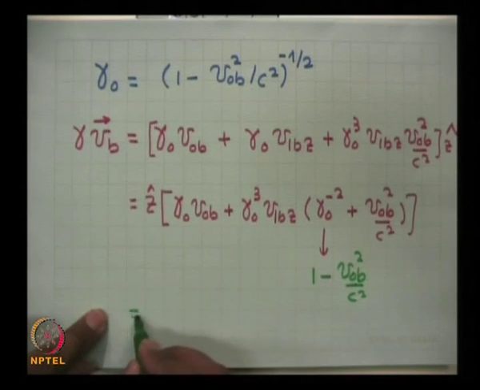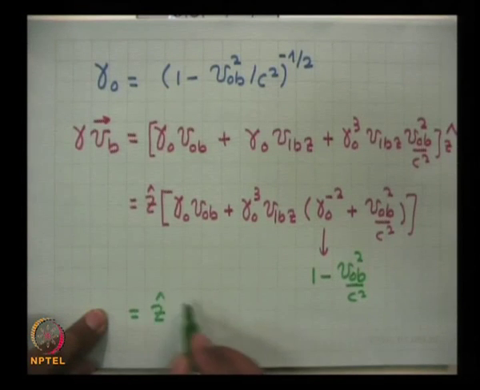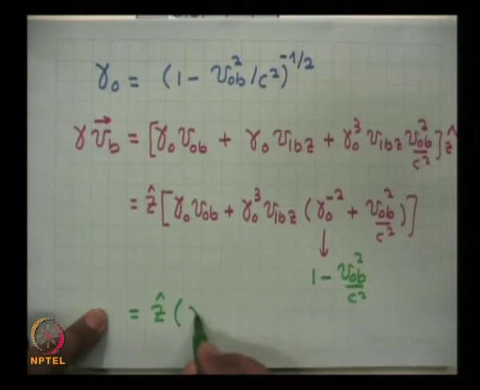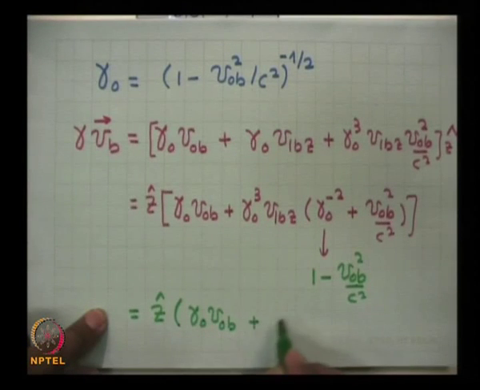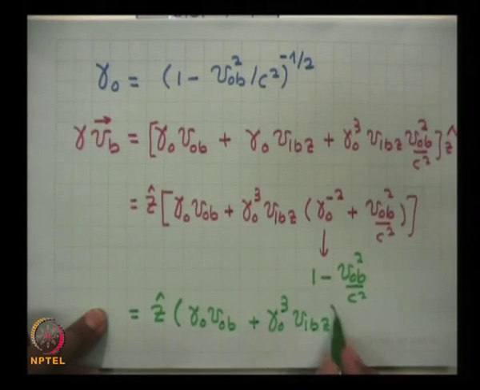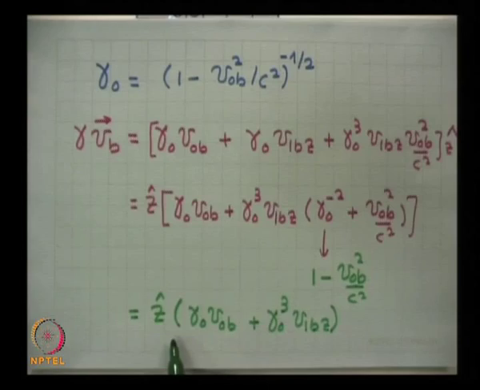So this becomes simply z gamma 0 V0b plus gamma 0 cube V1bz. And when you substitute this in the equation of motion and linearize, what do you get?